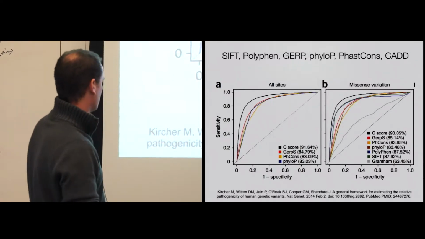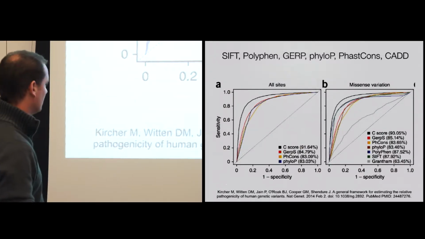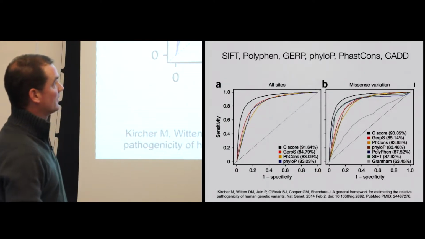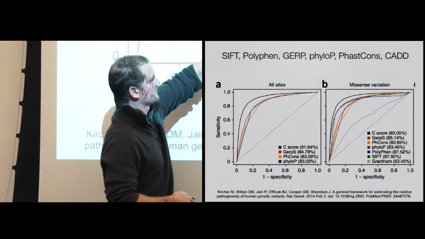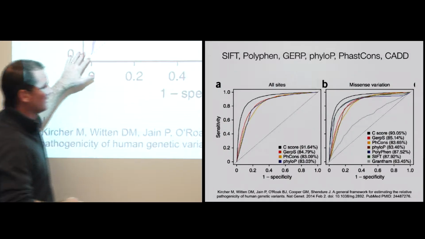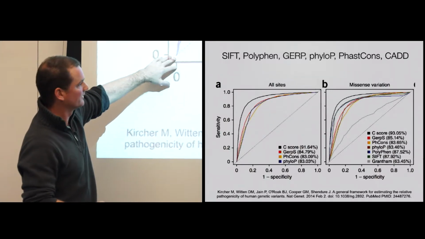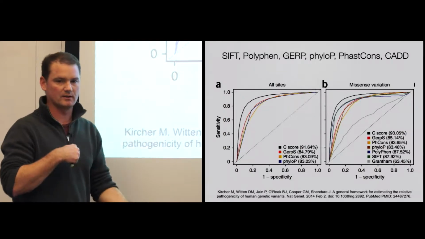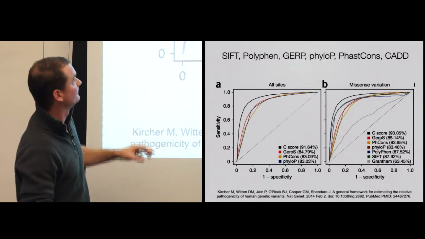There's a paper that came out, I guess in 2014, from Jay Shendure and Greg Cooper's group that described a method called CADD. What they're trying to show, CADD is this black line, the C score or CADD score. If you're not familiar with ROC curves, these are receiver operating characteristic curves. Basically, it's showing the trade-off between the specificity and the sensitivity of the method.